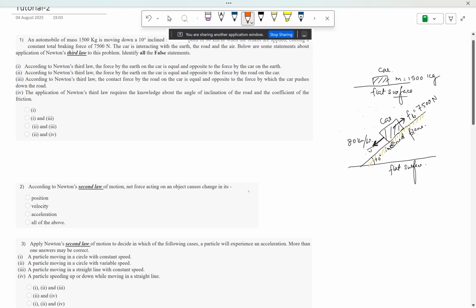So that is Newton's third law. That third law of Newton basically states that every action has an equal and opposite reaction, right?